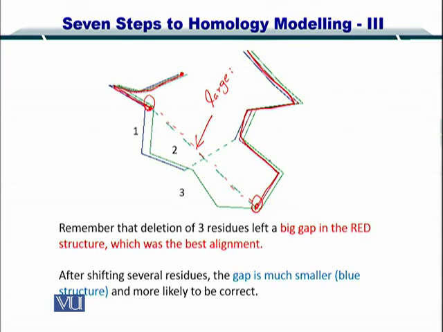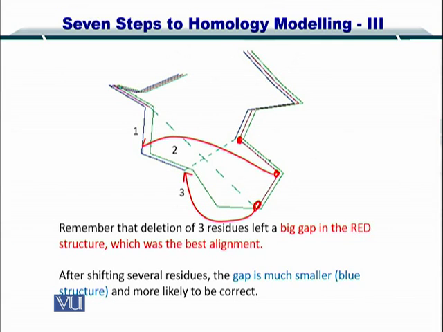Now we want to manipulate the structure such that this large distance, starting from here till here, becomes small. So how can it become small? You simply shift these two residues here and here.